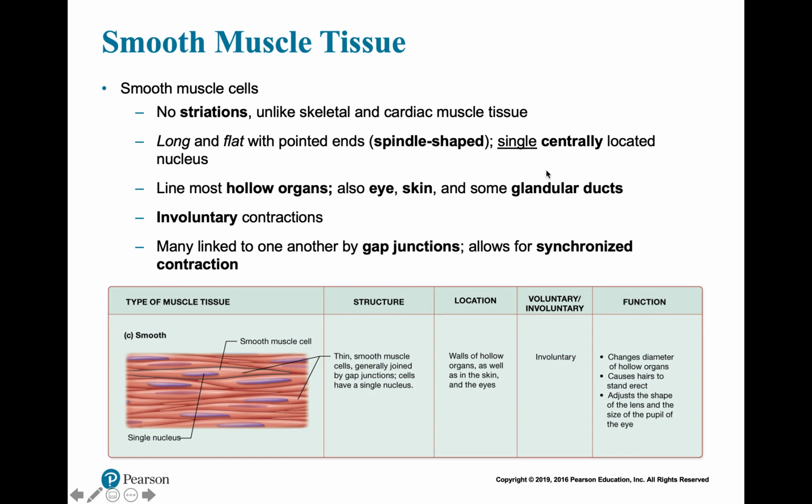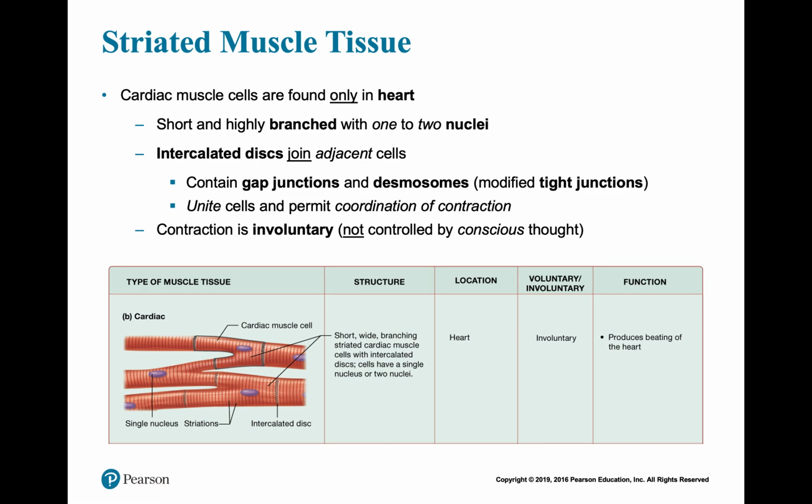And then some larger glandular ducts will have smooth muscle, so that when the smooth muscle, under involuntary control, contracts, it can secrete the glandular product. Involuntary contractions, I didn't mention that for cardiac muscle, but I hope you all know that your heart pumps without you having to think about it. So cardiac muscle is also under involuntary control.